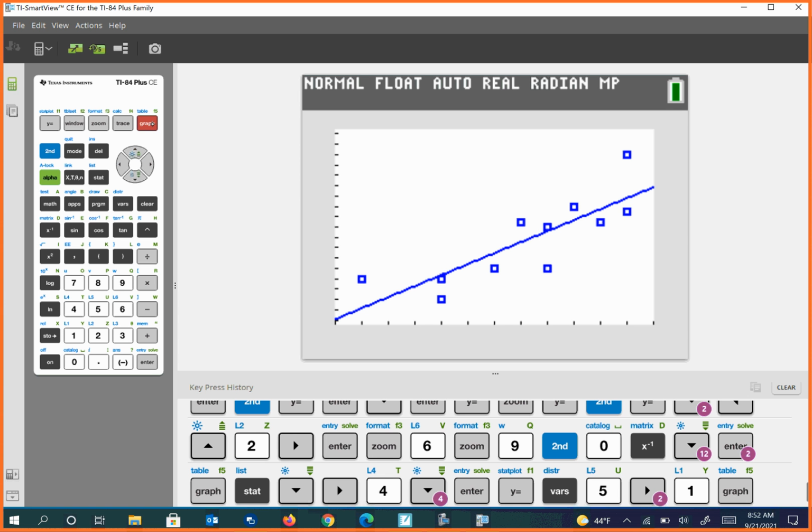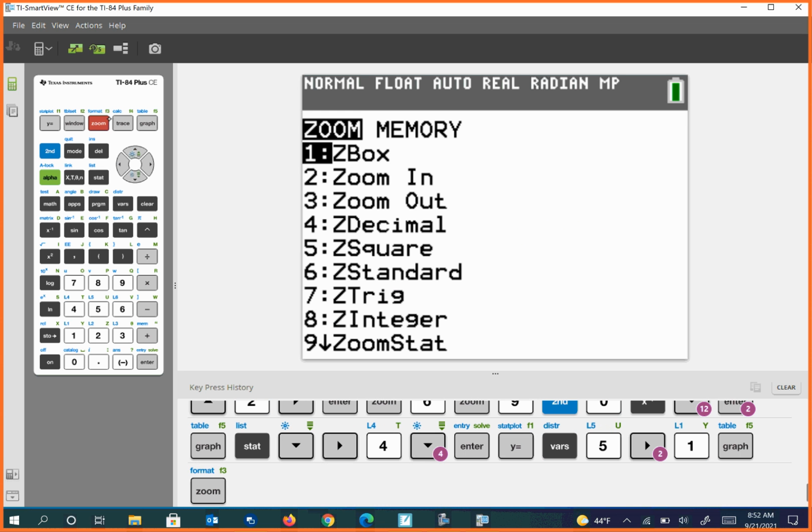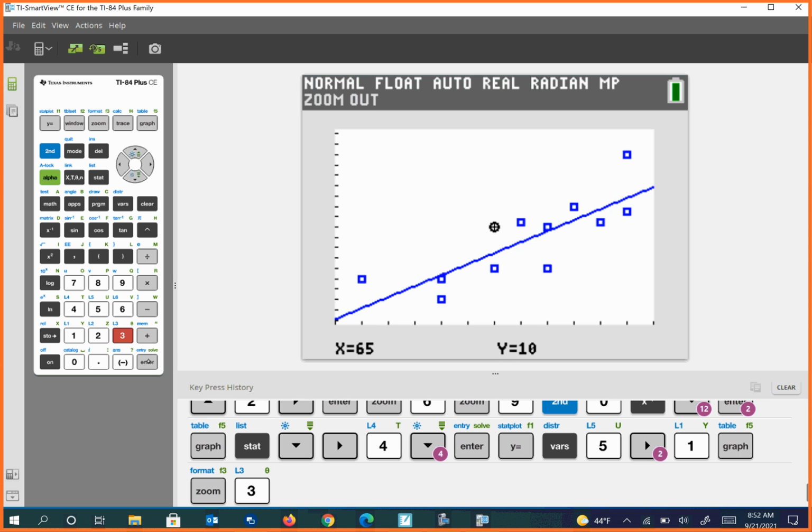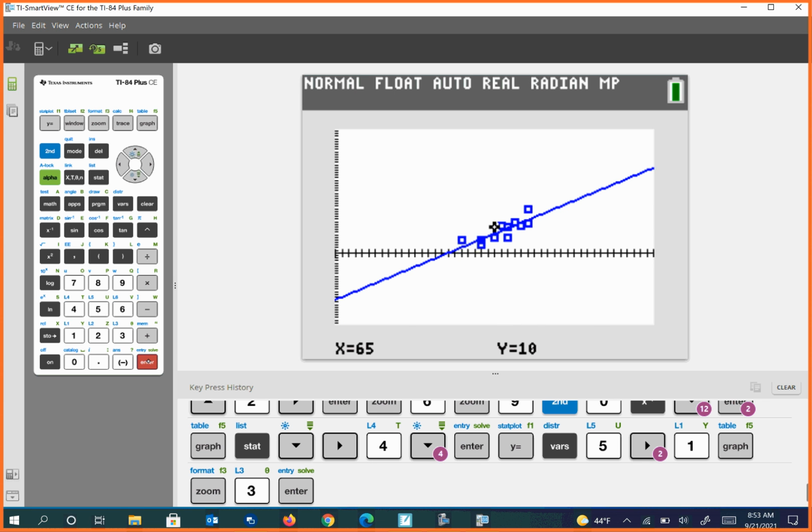So then we can interpolate data, which means I'm going to try and make a prediction that's inside of our data amount. And I'm actually going to zoom out once. So if I interpolate, I'm making a prediction inside of my data points.